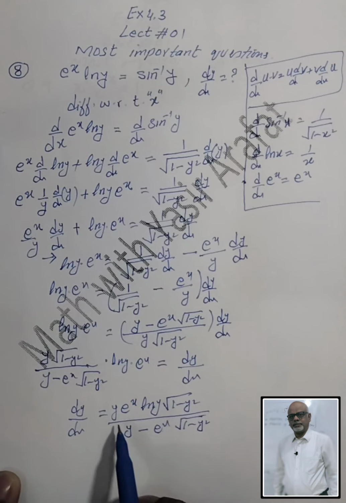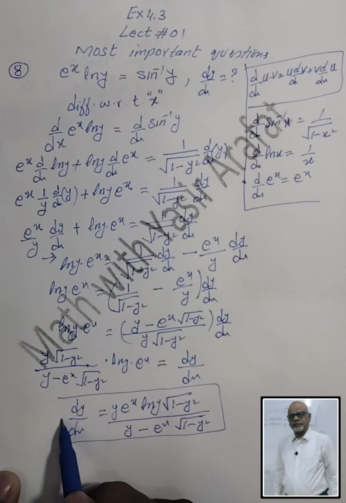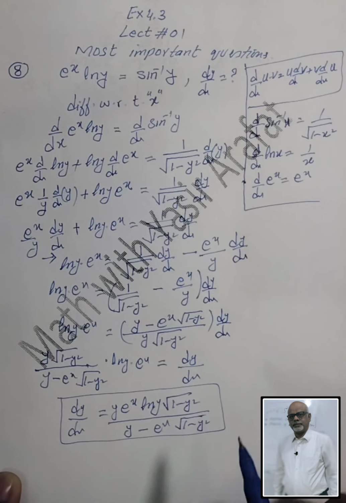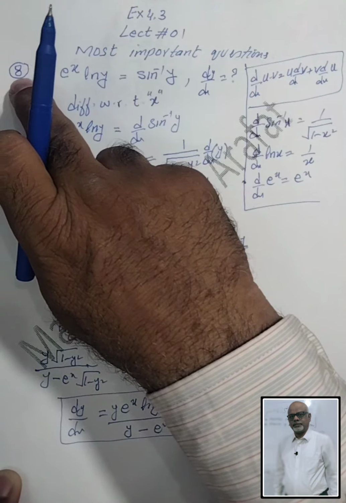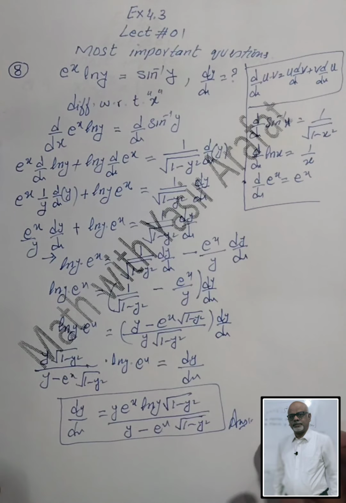This is in product form, so we can write it in the numerator like this. This is the answer of another most important and most expected question of exercise 4.3.